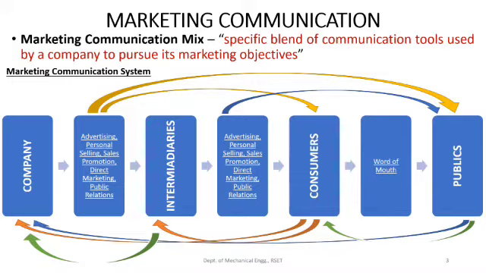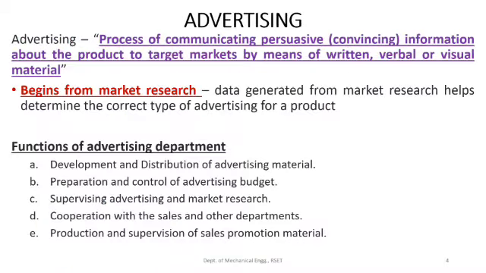Now we'll move on to the very first marketing communication tool, that is advertising. Advertising is the very first tool that we're going to discuss, and it is one of the most important tools used by marketing firms for communication. So advertising is nothing but a process of communicating persuasive or convincing information about the product that is sold by a company to its target market by means of written, verbal, or visual material.